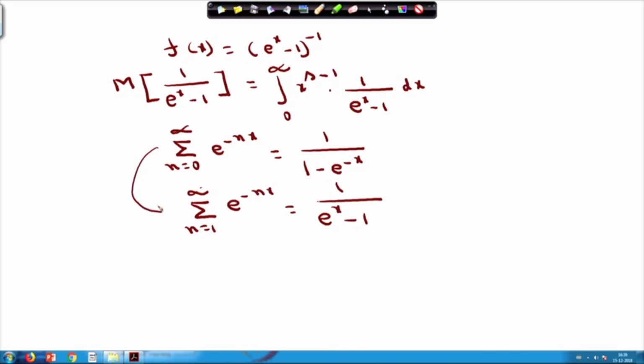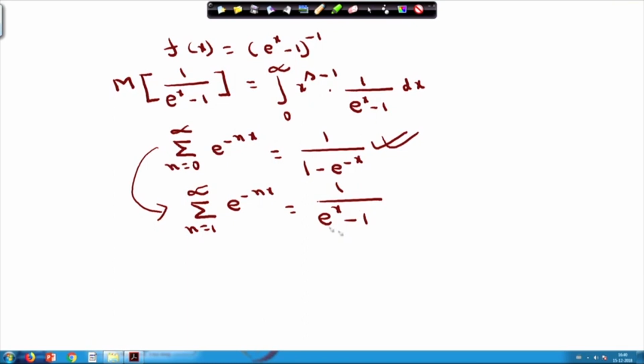From this, I can write down this. So, I am using this property that summation n equals 0 to infinity e power minus n x equals 1 by 1 minus e power minus x, and from here I can write down summation n equals 1 to infinity e power minus n x equals 1 by e power x minus 1.